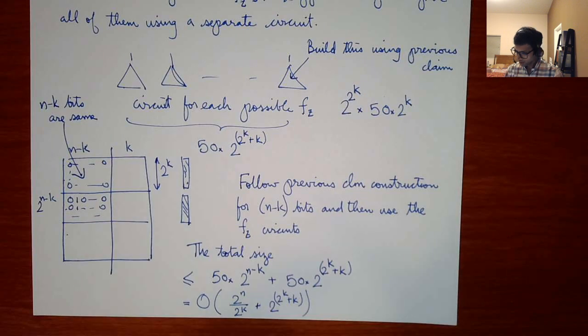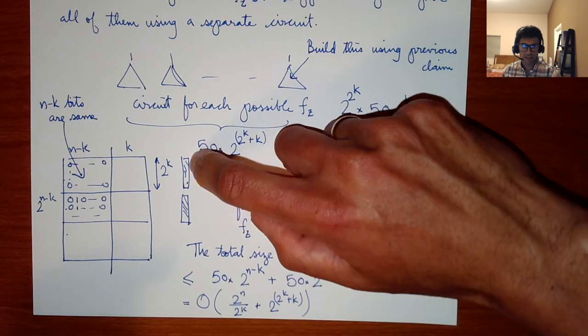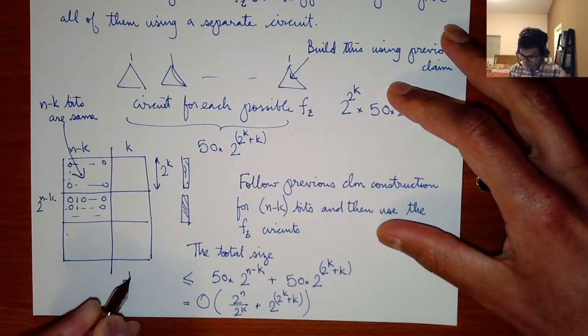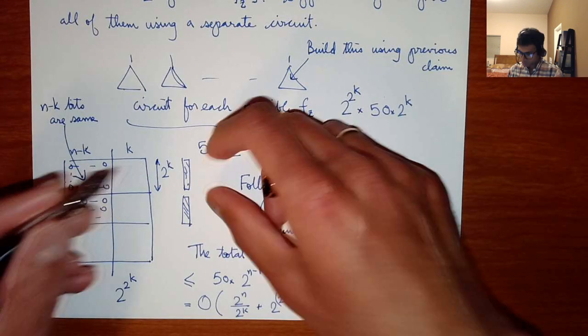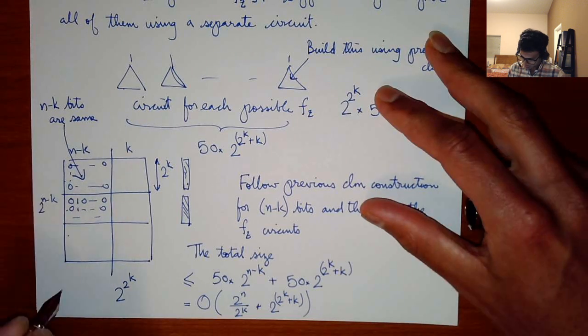Yep. Now, how many possible values of the truth table can there be? Well, only 2 to the 2 to the k. So there are 2 to the 2 to the k possible values of this truth table. How many truth table chunks do you have? You have 2 to the n minus k.